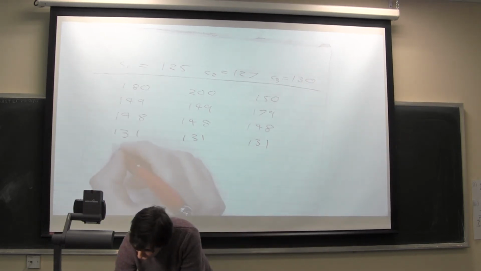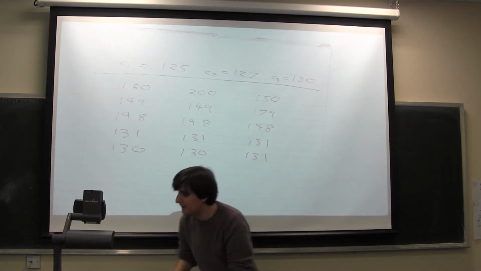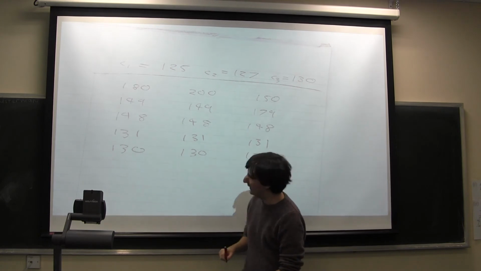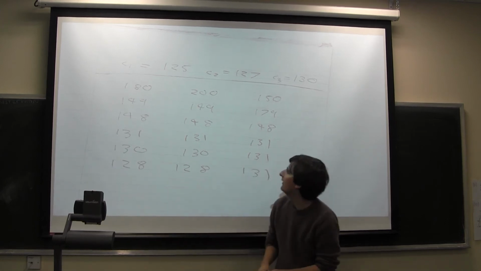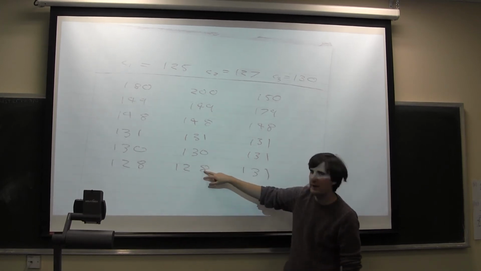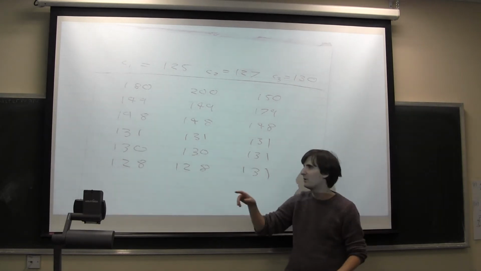So let's have a look at 130, 130, 131. Well, these two would still like to go lower. Let's go down to 128, 128, 131. This person is currently making positive profits at this candidate equilibrium.